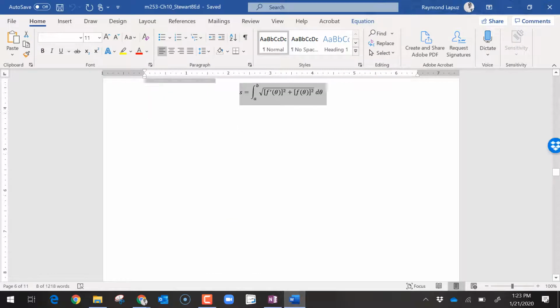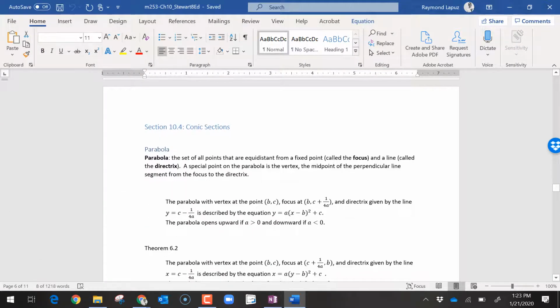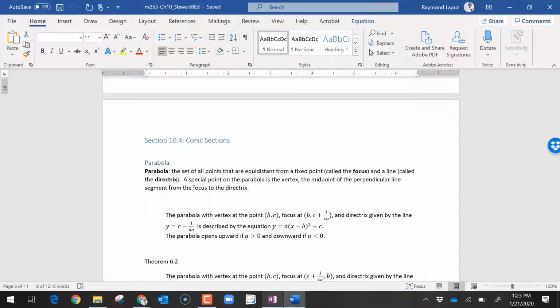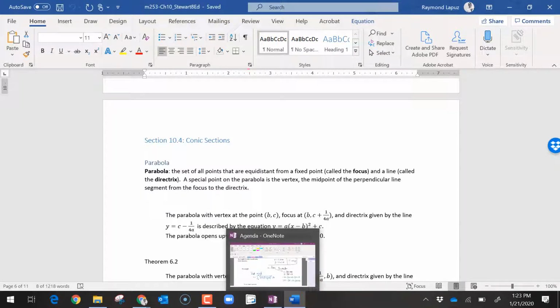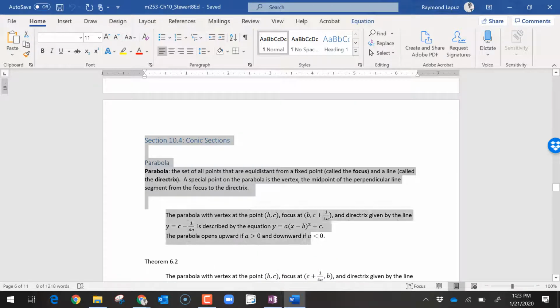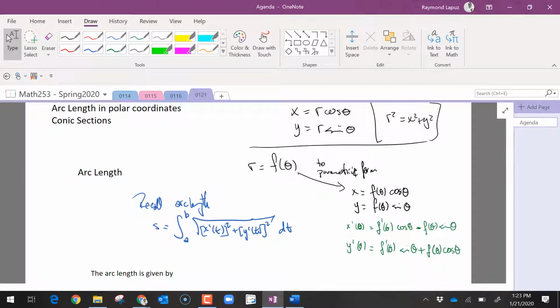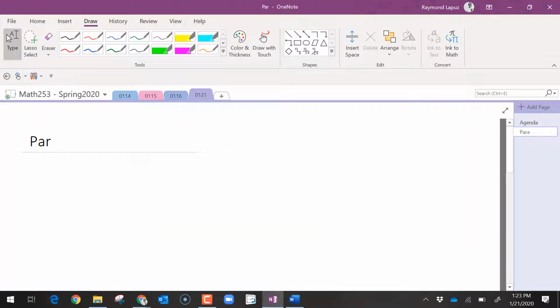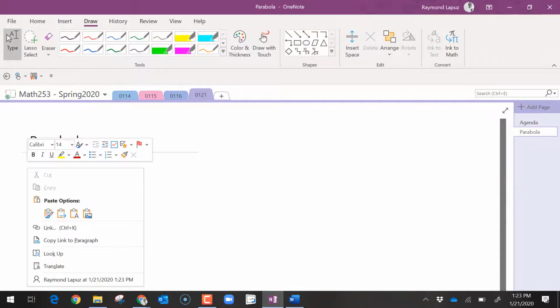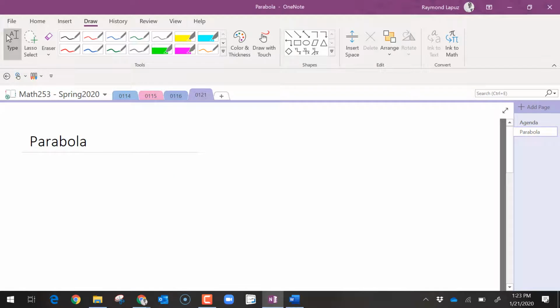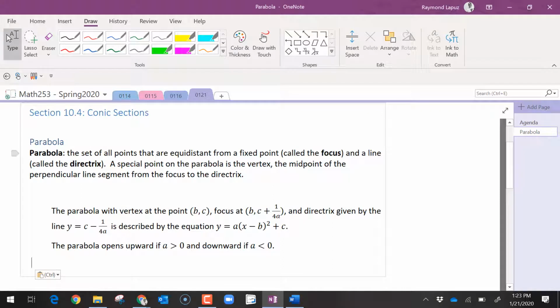All right, we're going to move on to our next section, which is the conic sections. And for conic sections, we begin with something that you probably should have seen already. I mean, you might have seen all the conic sections already anyways.